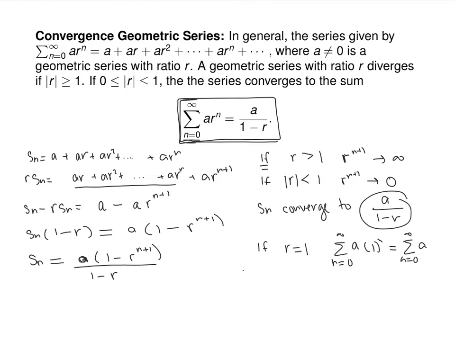So this is what a geometric partial sum will add up to. Now one thing to note is that this formula specifically applies when the lower bound is 0. If that lower bound is not 0, you've got to mess around with the series a little bit to make it into 0 by doing something called reindexing, which we'll also discuss.